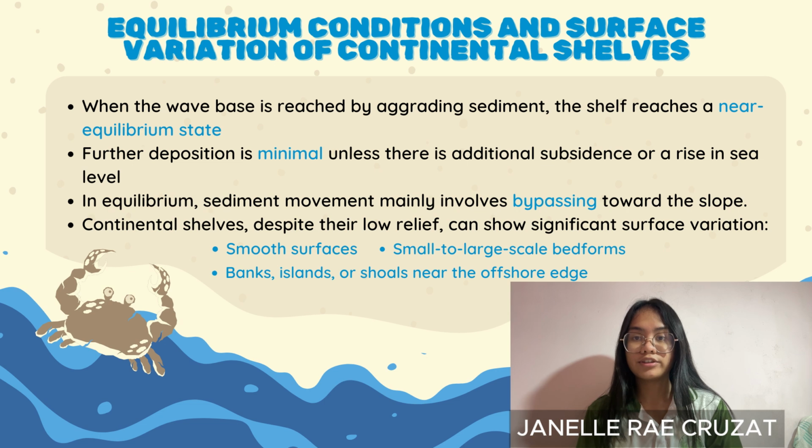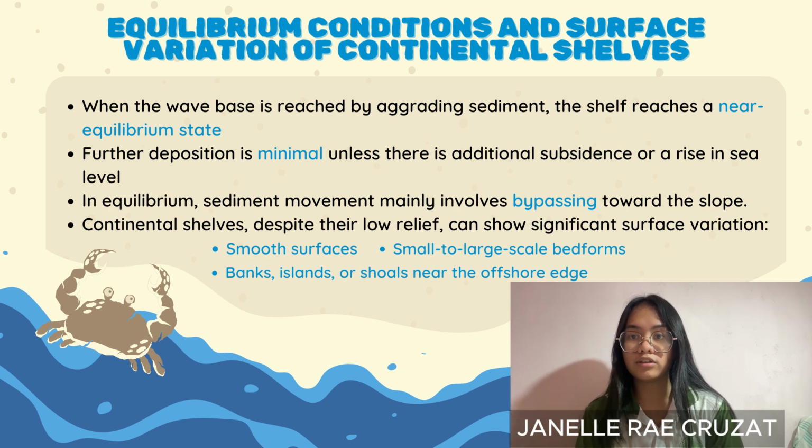Why is further deposition minimal unless there is additional subsidence or a rise in sea level? When the shelf reaches equilibrium, the sediment supply and removal processes are balanced, meaning further deposition slows down.